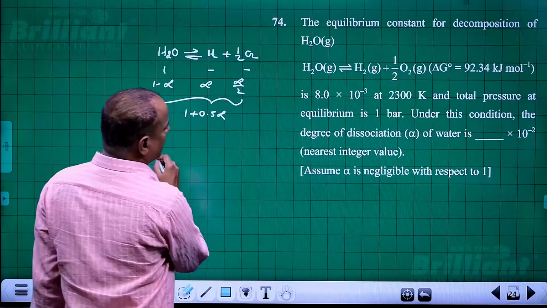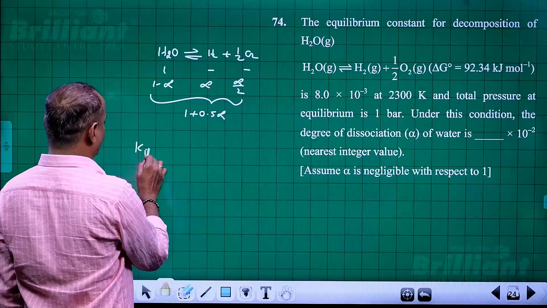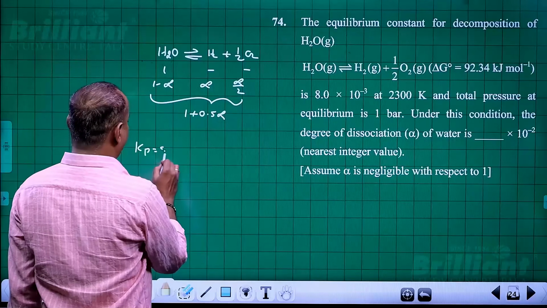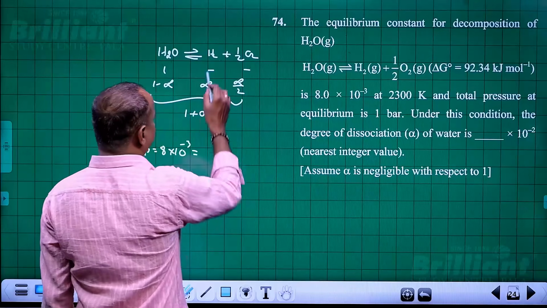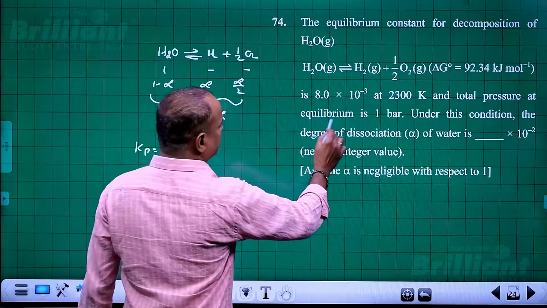Now Kp equal to 8 into 10 raised to minus 3, is equal to the pressure of hydrogen. Total pressure is 1 bar.